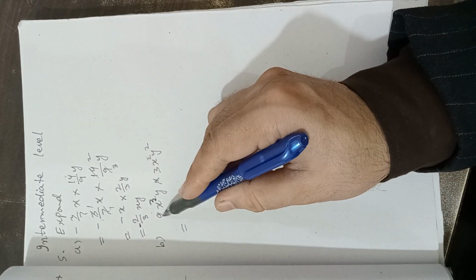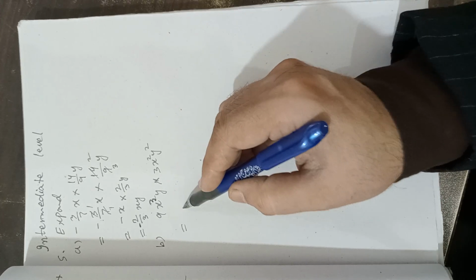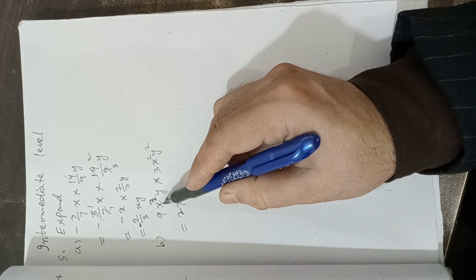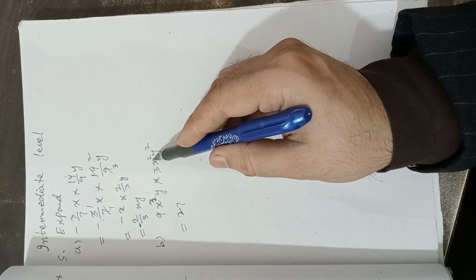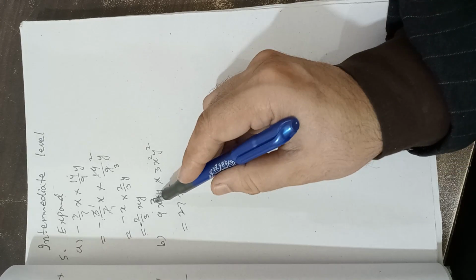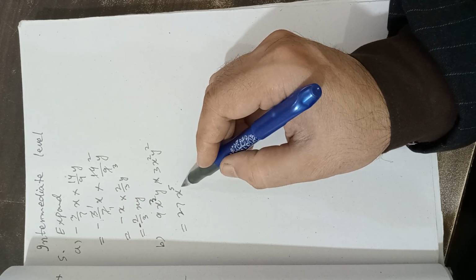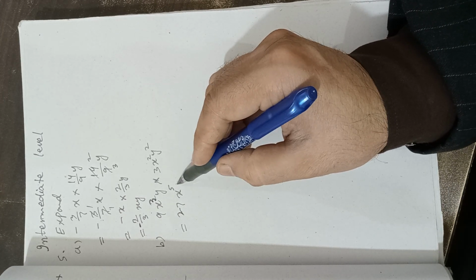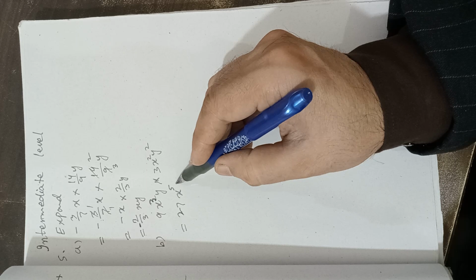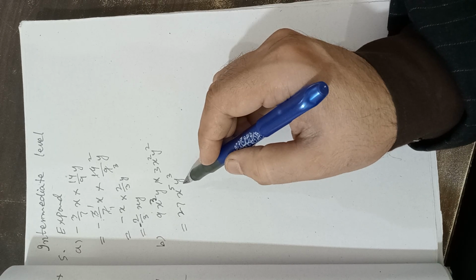See here, you will multiply 9 to 3. 9 3s are 27, and when x cube is multiplied by x square, it will become x degree 5, because 3 and 2 will be added, and 3 and 2 makes 5. Then y has degree 1 and this y has degree 2, so we will add their degrees. 1 and 2 makes 3. This is the answer.